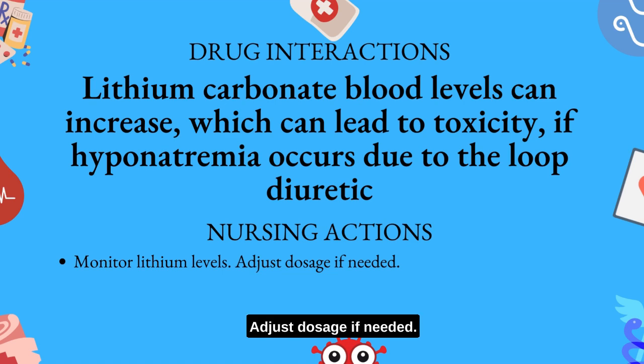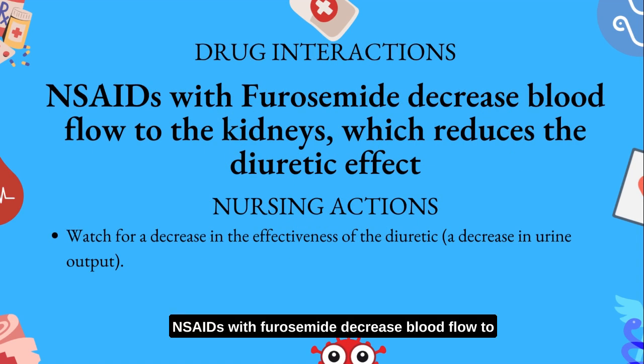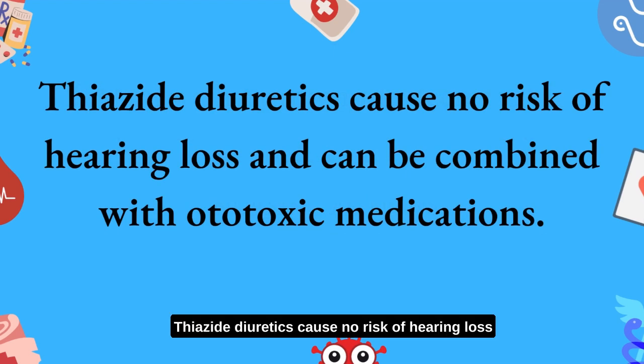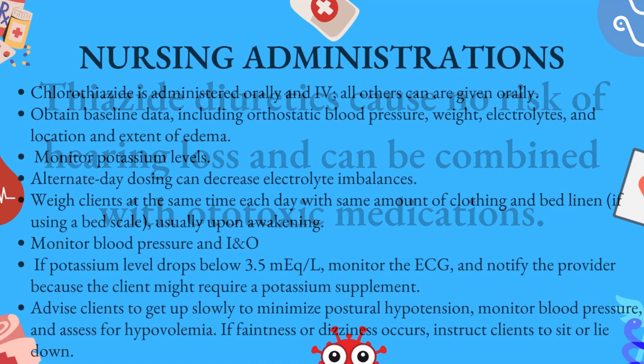Adjust dosage if needed. NSAIDs with furosemide decrease blood flow to the kidneys, which reduces the diuretic effect. Nursing actions: watch for a decrease in the effectiveness of the diuretic, a decrease in urine output. Thiazide diuretics cause no risk of hearing loss and can be combined with ototoxic medications.